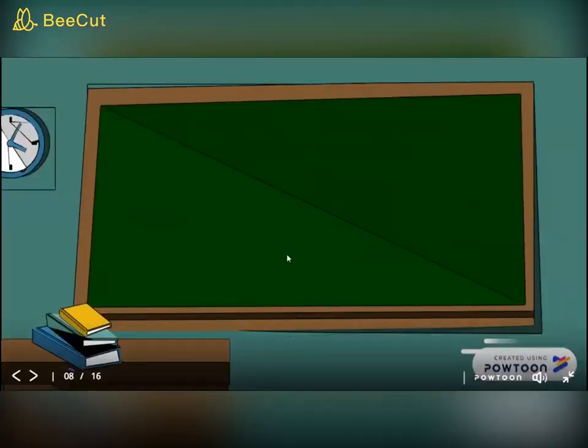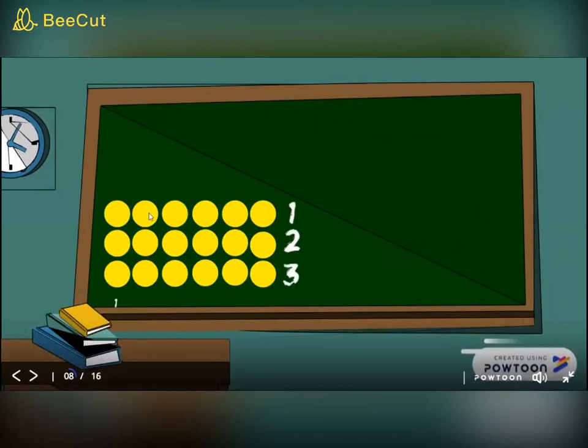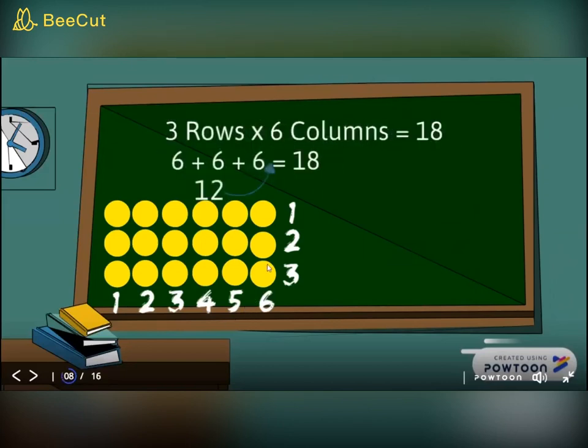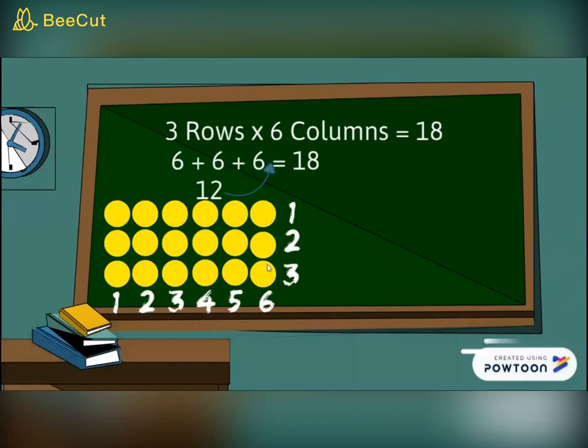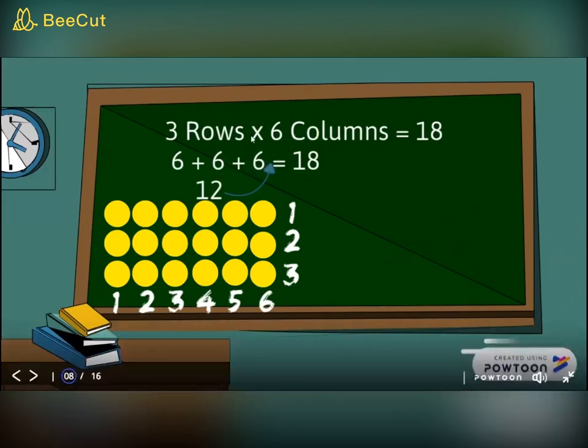We will draw our array again and count the rows. 1, 2, 3 rows and 6 columns here. Our multiplication equation, we will write it the number of the rows times the number of the columns. 3 rows times 6 columns. 3 times 6.